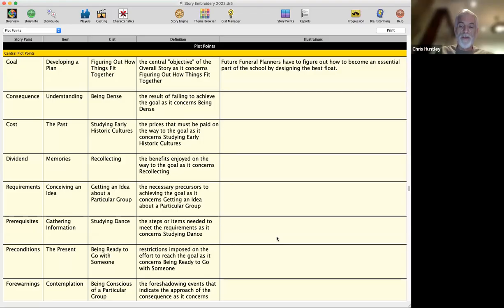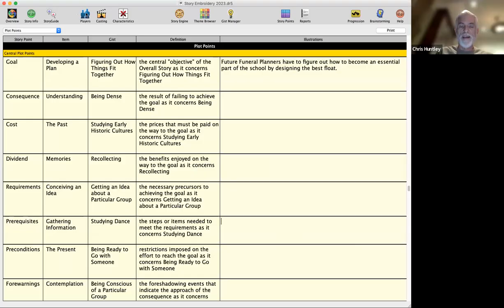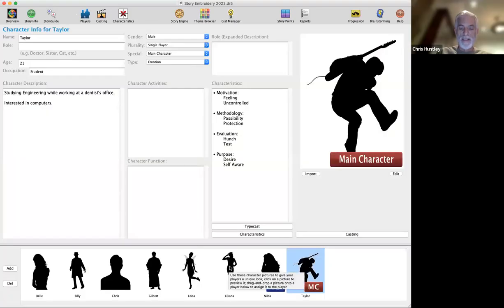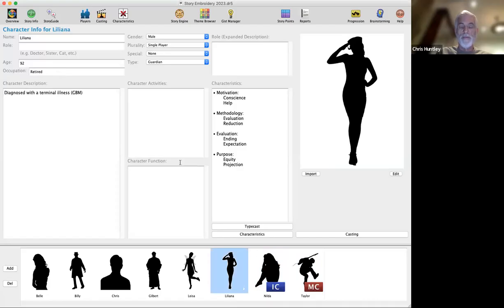All right. Do you mind if I throw in a little bit of information that's based on stuff we already have? Yes, please. Okay, so if we go back and see that Nilda is Cuban, and she's Liliana's nurse, and if she's a really friendly nurse, then maybe they're trying to come up with something that she'll like, if Liliana likes Nilda.